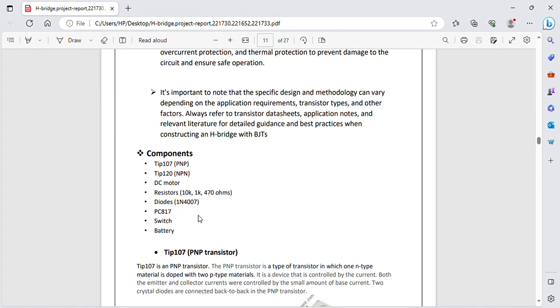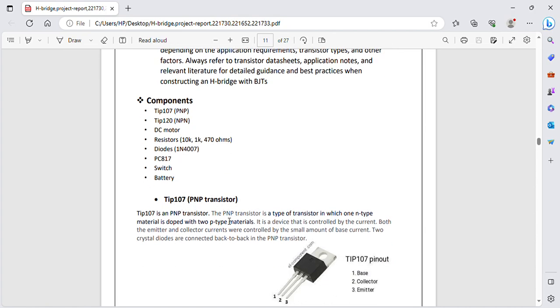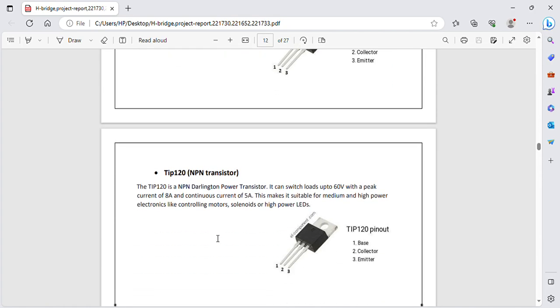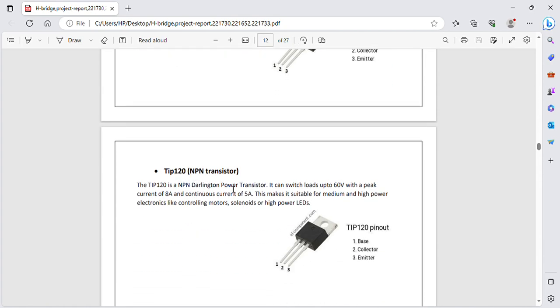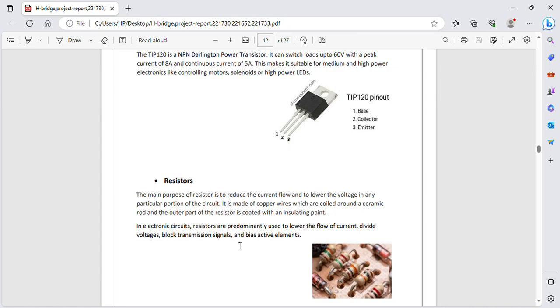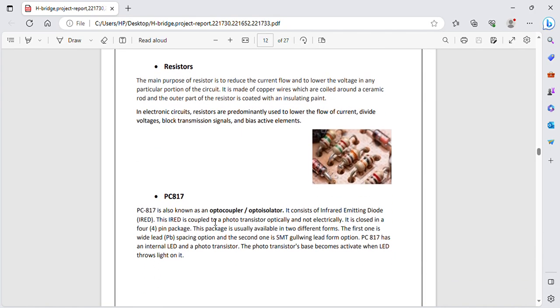Here we have the list of components that we have selected and then implemented. We use a TIP107 PNP transistor, a TIP120 NPN transistor, resistors of different values like 10K, 1K and 470 ohm, and a PC817 optocoupler. An optocoupler is used for isolation purposes.